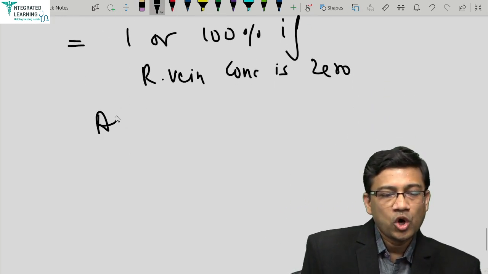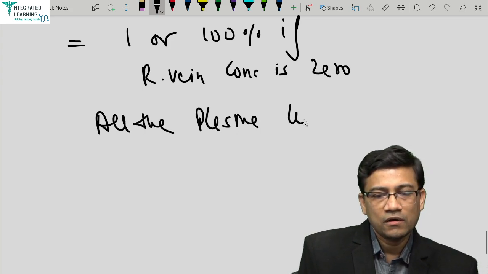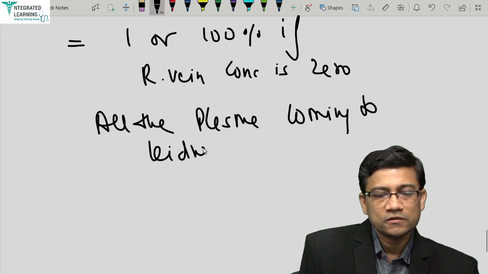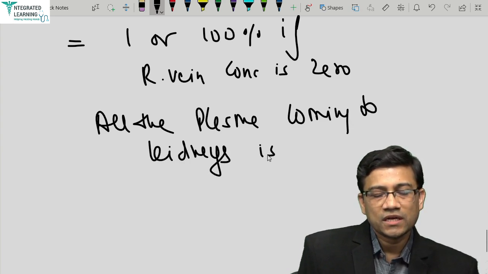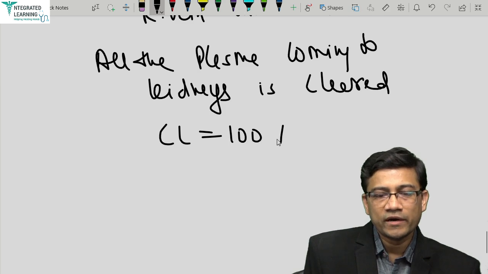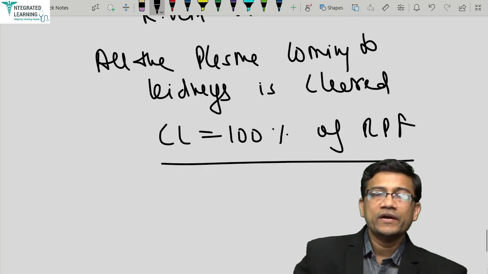That means all the plasma coming to the kidneys is cleared. That means clearance is equal to 100% of RPF. We have cleared all plasma.